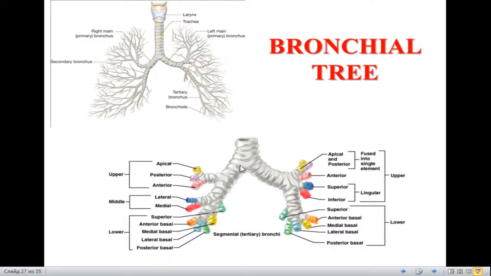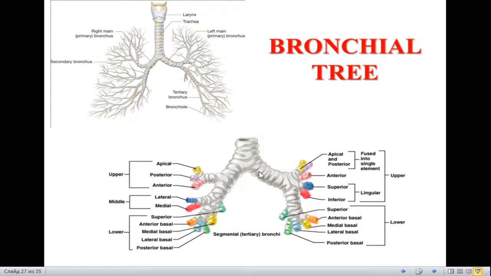The right main bronchus is somewhat vertical, it's longer, and it's somewhat narrow.